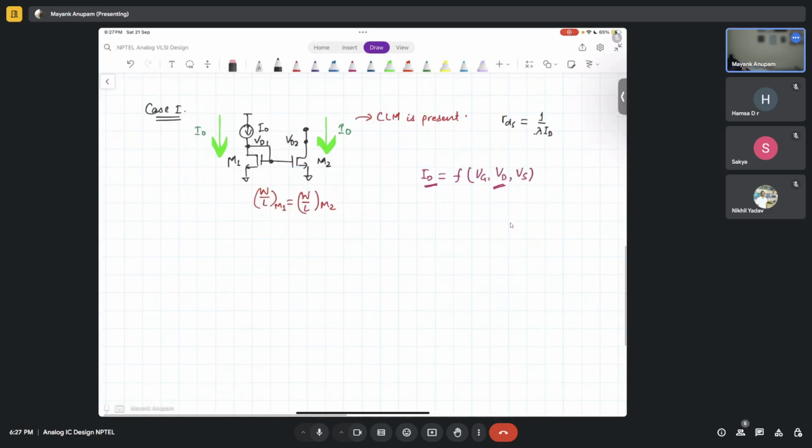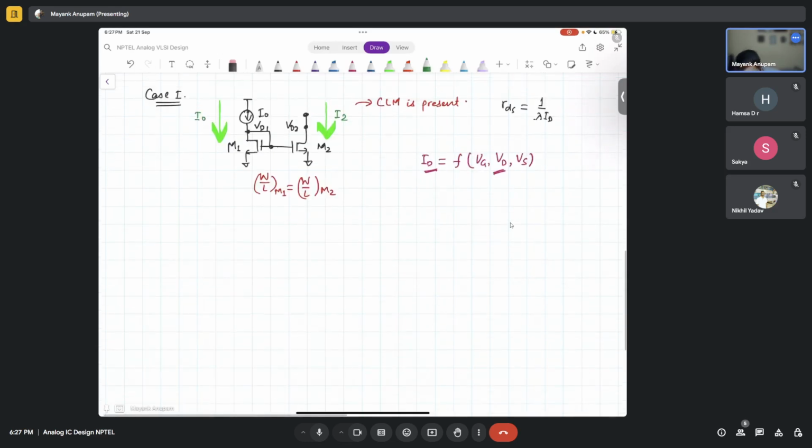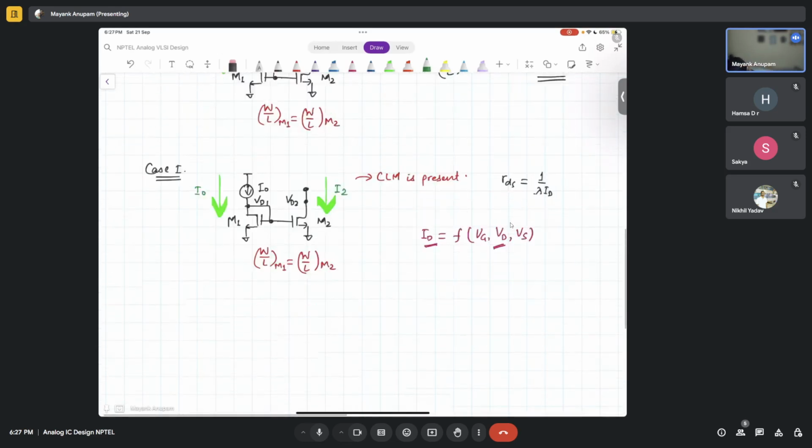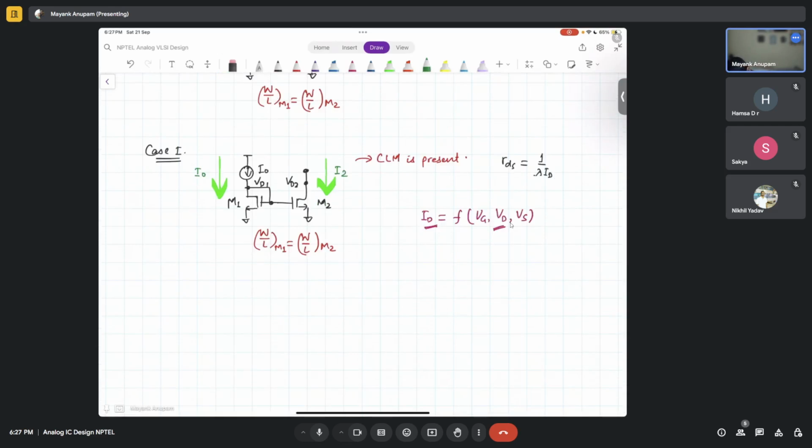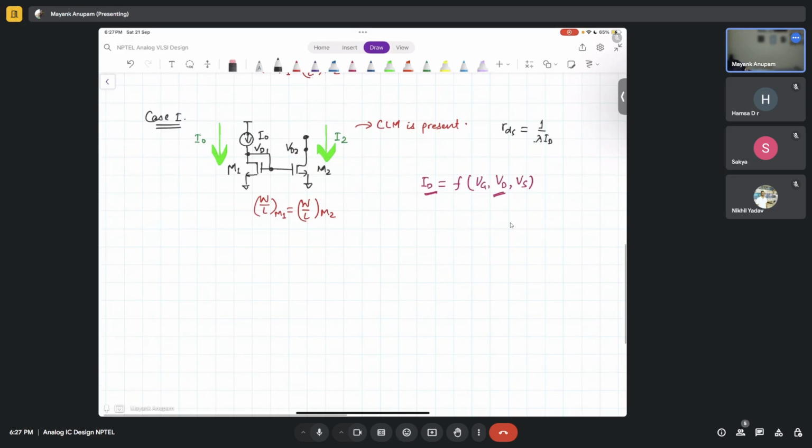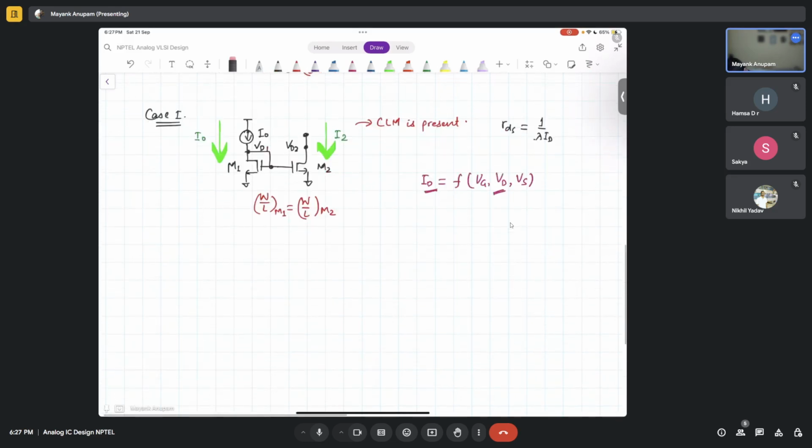So let's call it ID or I2. Okay. So I2 will become equal to I naught when VD1 equal to VD2.